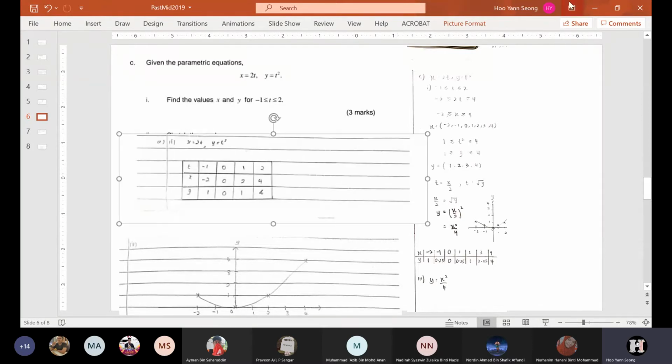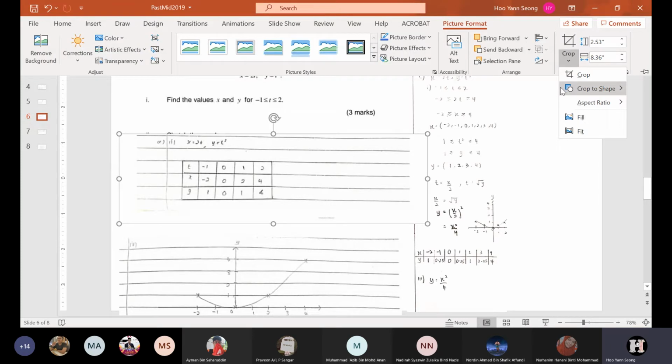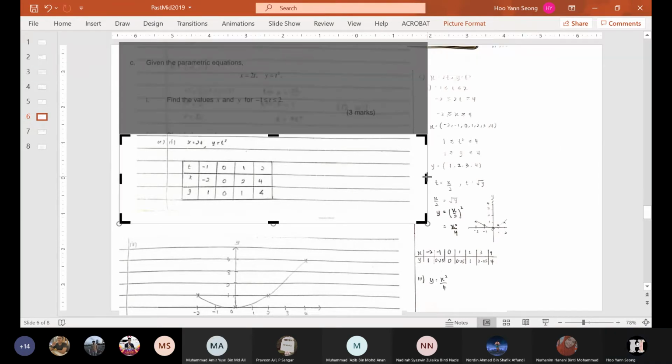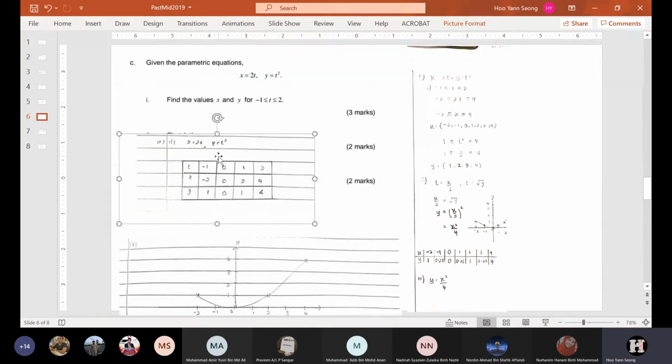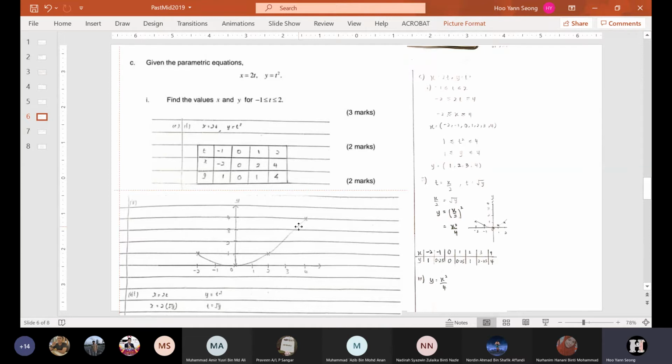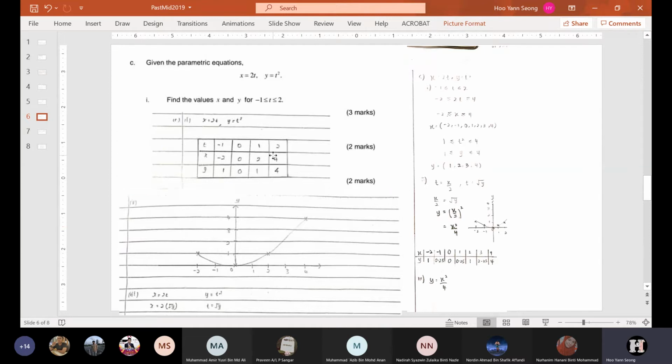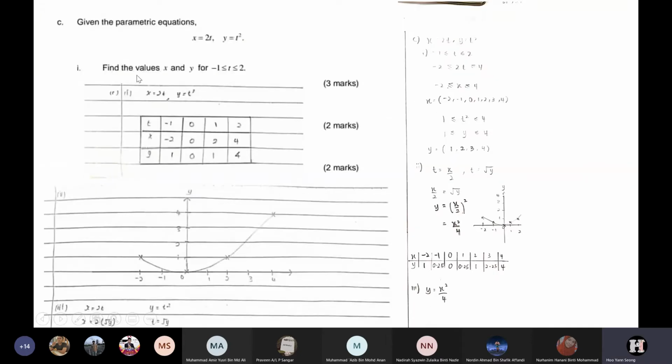If you look at these two persons' answers, they are the same. This is x, this is y, the values of x and y for -1 to 2. This is the answer for 1, and over here this is the answer for 1 also.